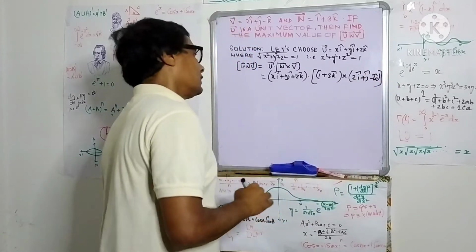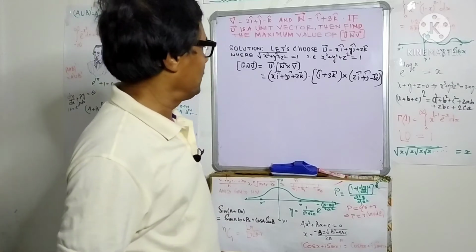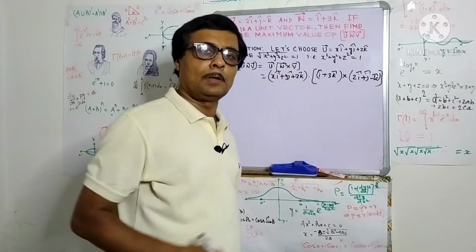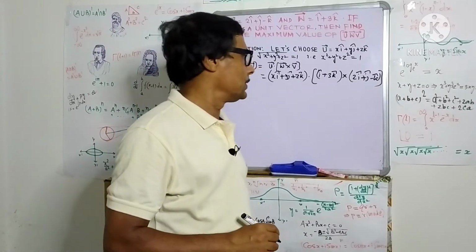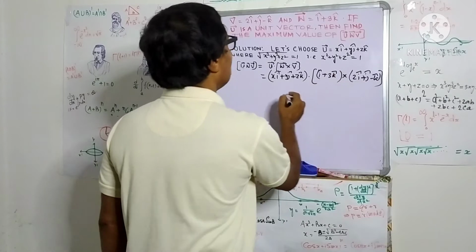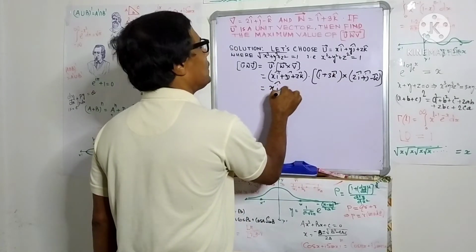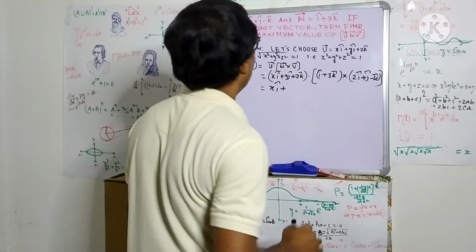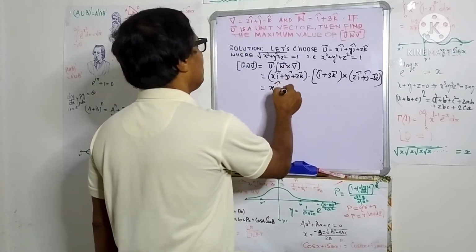Here i, j, k are three unit vectors along three perpendicular axes x, y, z respectively. Here at first we take the cross product of the two vectors W and V.